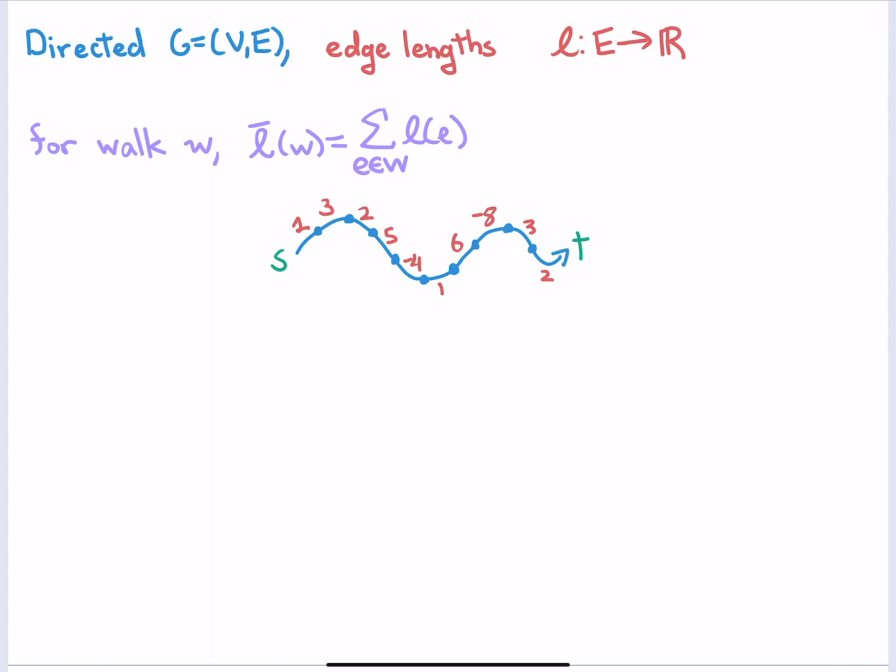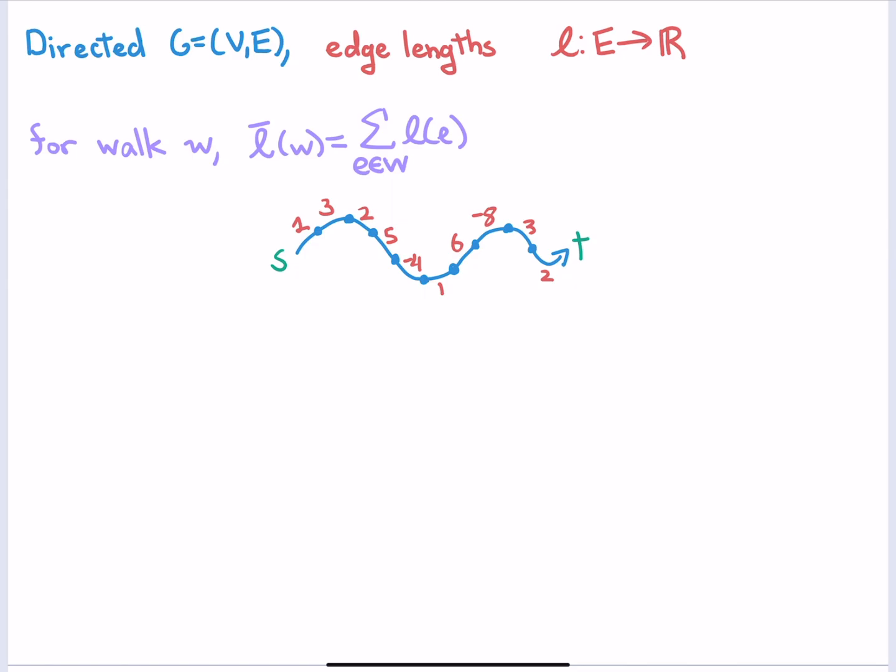So I'm using L of E to denote the length of an edge. And for a walk, which is just some sequence of edges in the graph, I'm using the notation L bar of W, summing over the edges in the walk, the length of W. If an edge repeats in the walk, it'll get summed up with repetition. Okay. All right, nothing special.